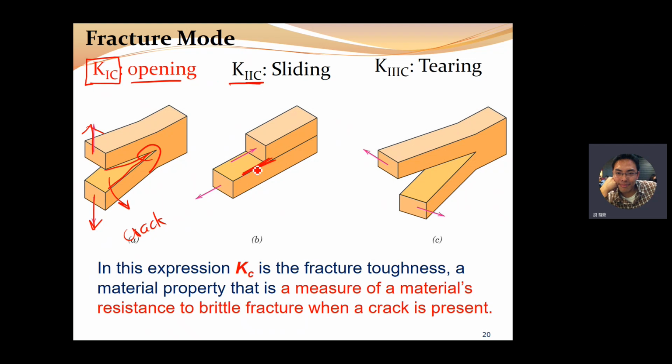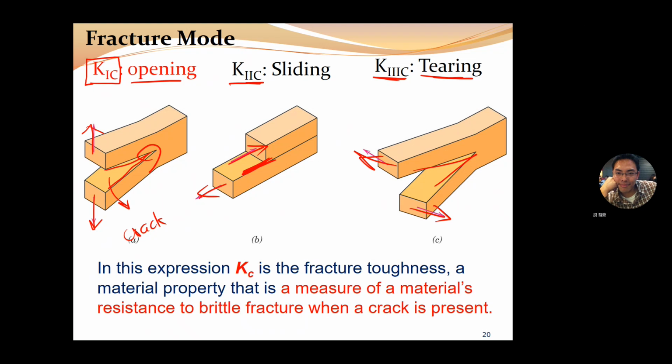This is still the crack here, and the failure mode is sliding. And for failure mode 3, it is tearing, right? It's still a crack here, and we apply a shear to tear this crack tip.